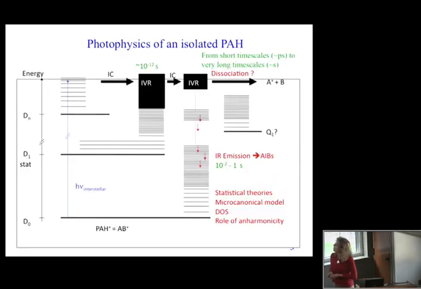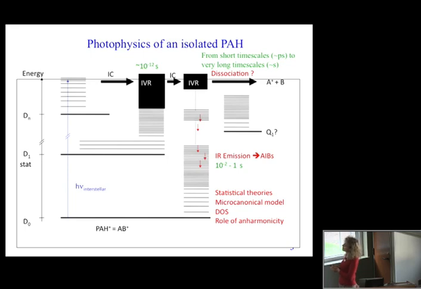So what you need to have in mind, it's a bit simplified, but it really tells you the story, is the photophysics of an isolated PAH. You have the electronic state, here a doublet state that would correspond to a PAH cation, for instance, and you absorb a UV photon that brings you into an excited electronic state.